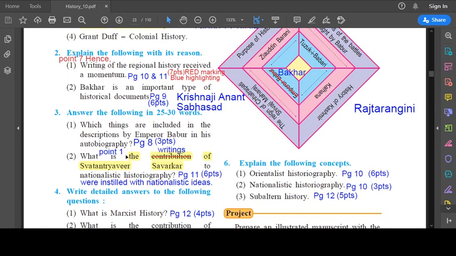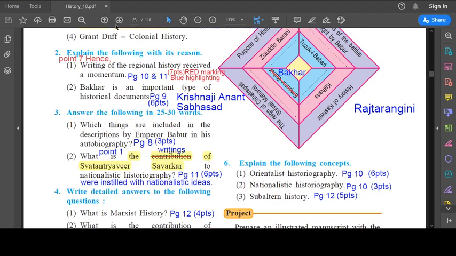The first point, which is in the question, cancel contribution in place of that, writings. The writings of Swatantra Veer Savarkar, and then I've written over here down, were instilled with nationalistic ideas. That's point number 1. The remaining points are on page number 11.